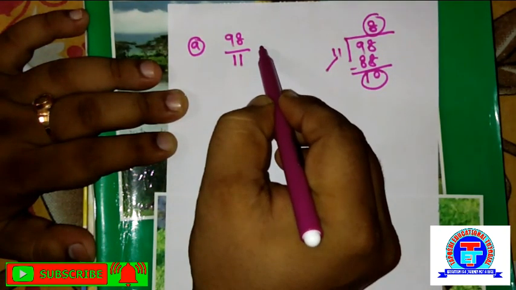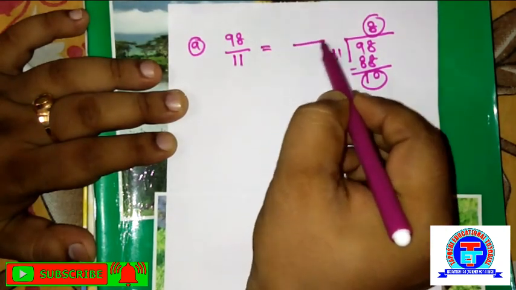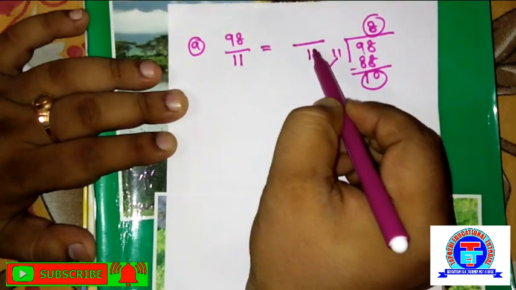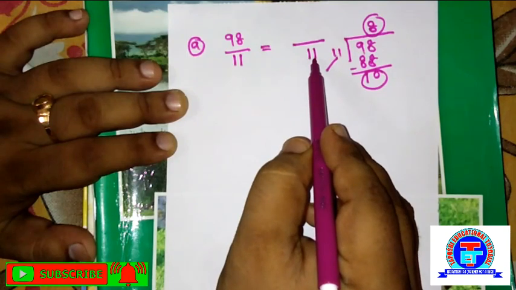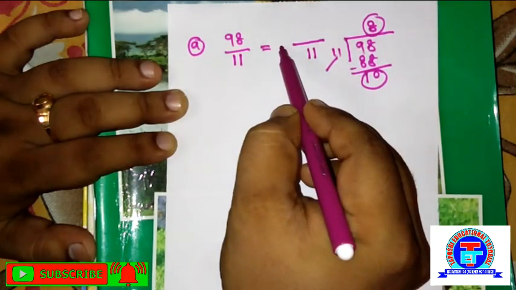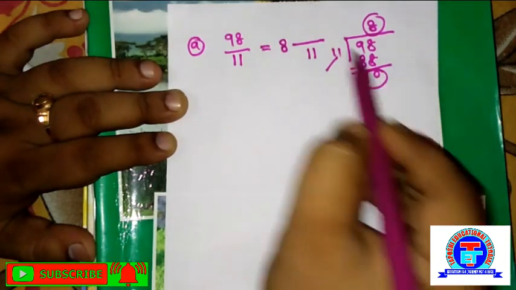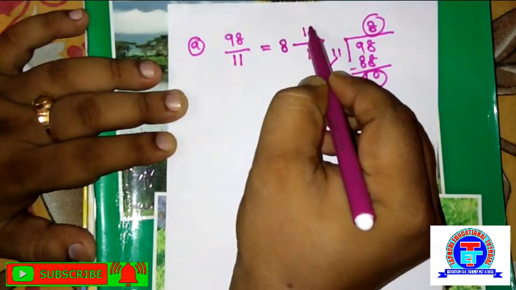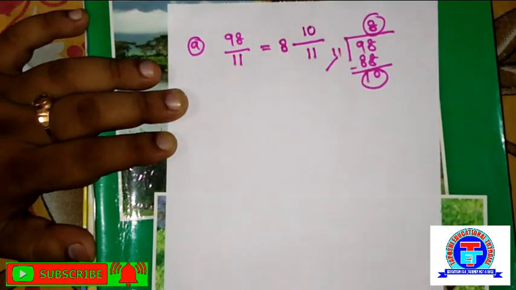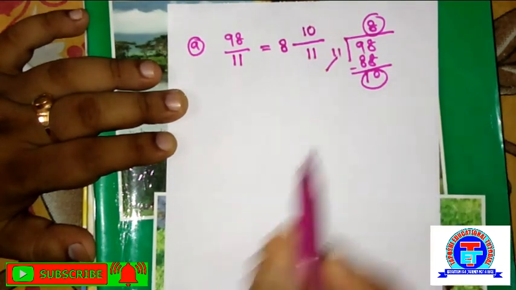So the denominator, here nothing changes, we write the denominator first. Now the quotient part becomes the whole number and the remainder part becomes the numerator, right? So this is the answer.